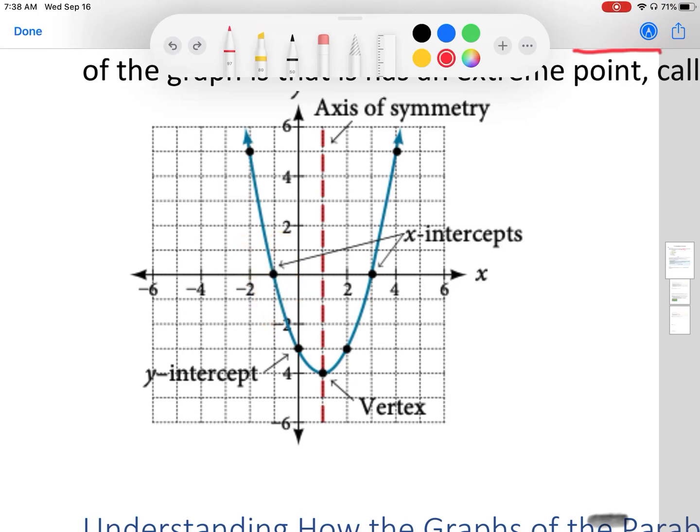And then the important feature we just talked about was the vertex, which is that extreme point. If it opens up, it's your lowest most point, it's your minimum. And if it opens down, it's that max point right there.